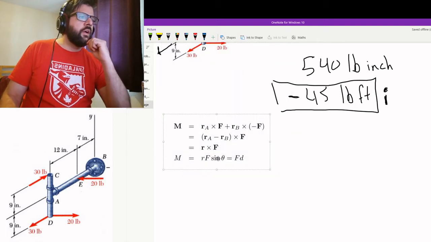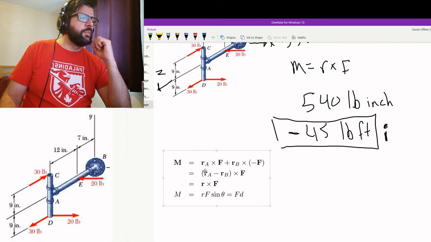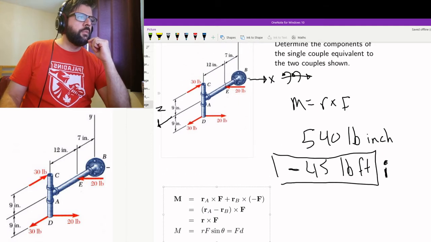So the moment of the couple is going to be, again, the vector from one to the other crossed by the force in question.